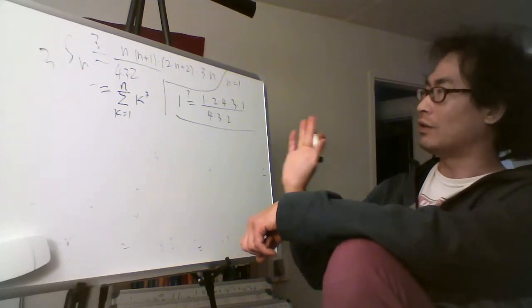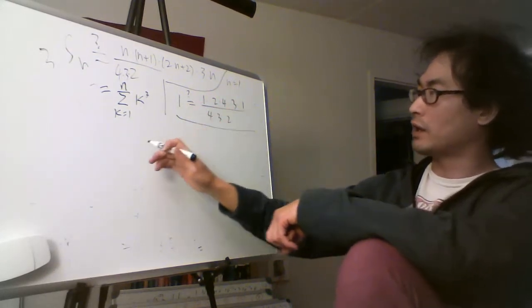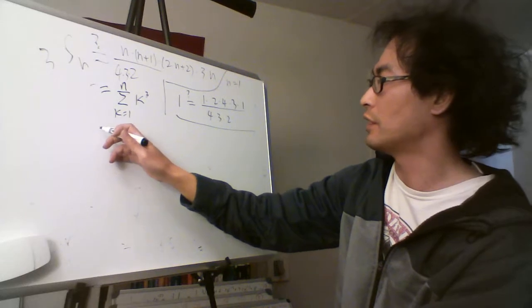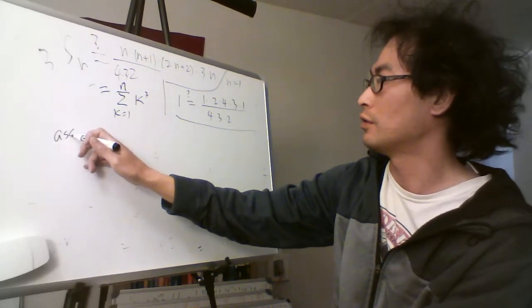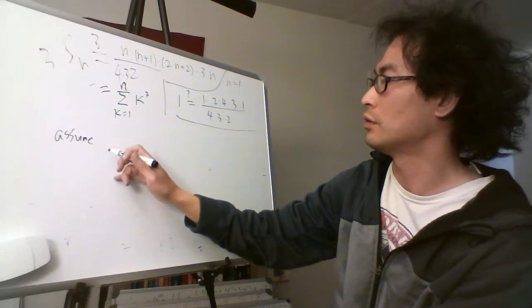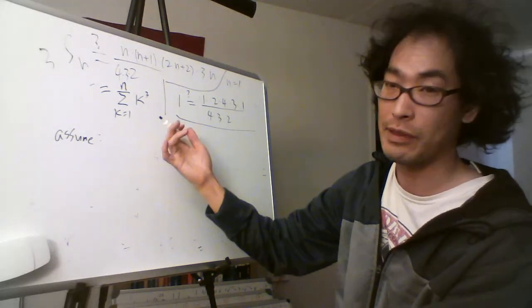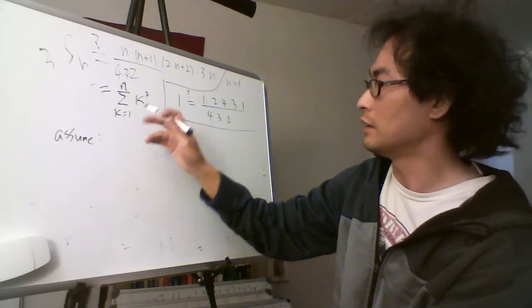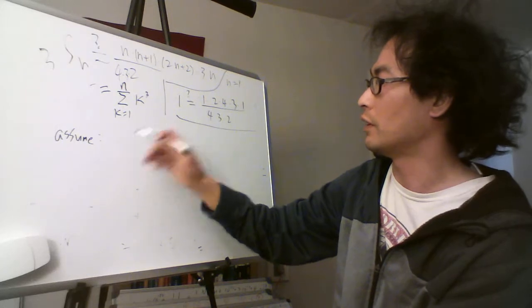Now let's assume that it is correct for n. Mathematical induction: assume this formula is correct for n.